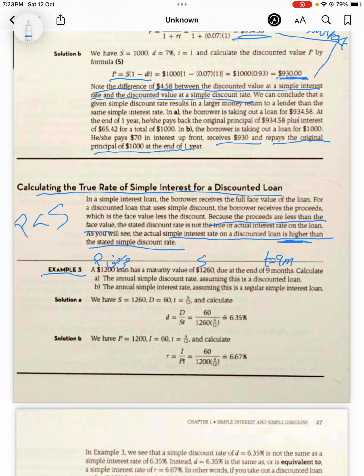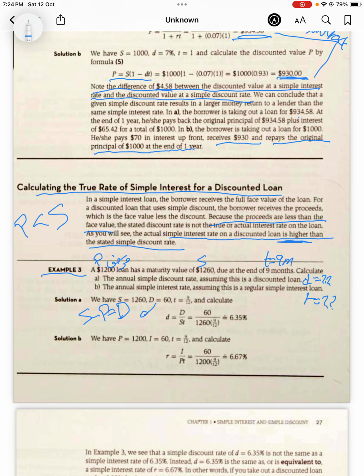calculate the annual simple discount rate, assuming that it is a discounted loan, find d. Then the annual simple interest rate, assuming a regular simple interest loan, find R. Here, S is 1,260, D equals 60, since S minus B equals D, and T is 9/12.